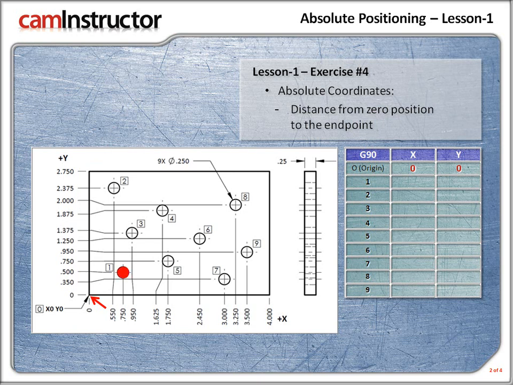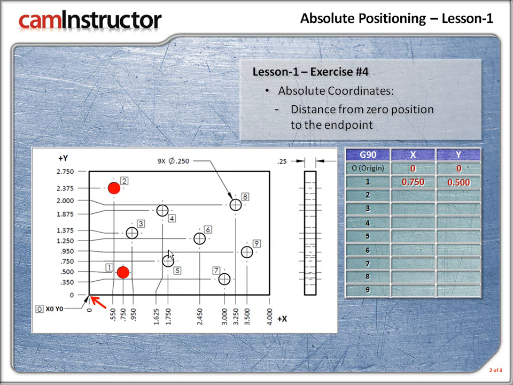Now for position 1, the X-axis value is 0.75 and the Y-axis value is 0.5. Now let's figure out the remaining absolute coordinates by reading the dimensions from the drawing. Now in this absolute exercise, all the X and Y values will be positive.